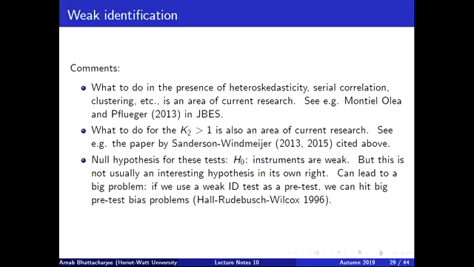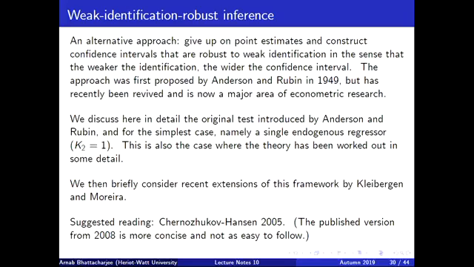So that's a very important paper here, which is somewhat previous to this. Hausman, Stock, and Yogo in a macro setting, which is quite interesting. So we are going to give up on this. There are weak identification tests, but what we are going to do now is give up on this weak identification test and rather think of the problem as weak identification robust inference.